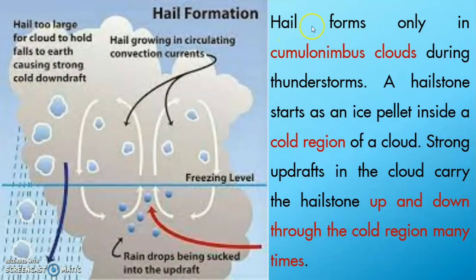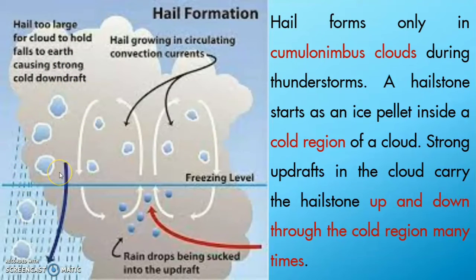Now let's see how hail is formed. See children, hail forms only in the cumulonimbus clouds during thunderstorms. A hailstone starts as an ice pellet inside a cold region of cloud. Actually, hailstones are formed by layers of water attaching and freezing in a large cloud.